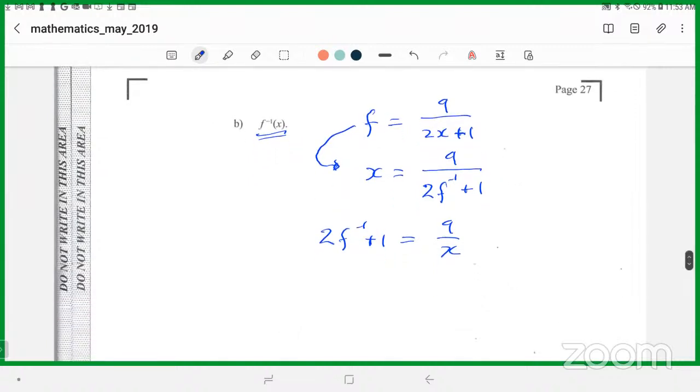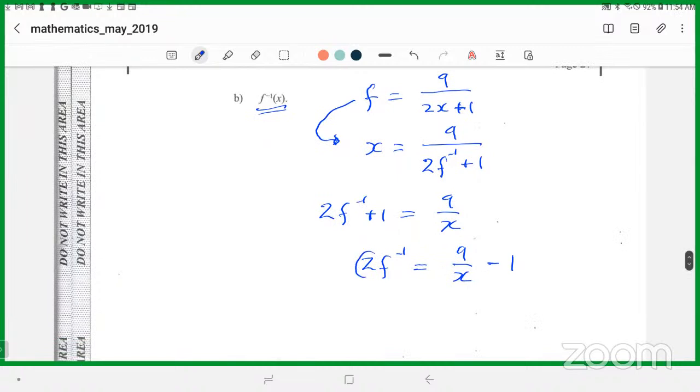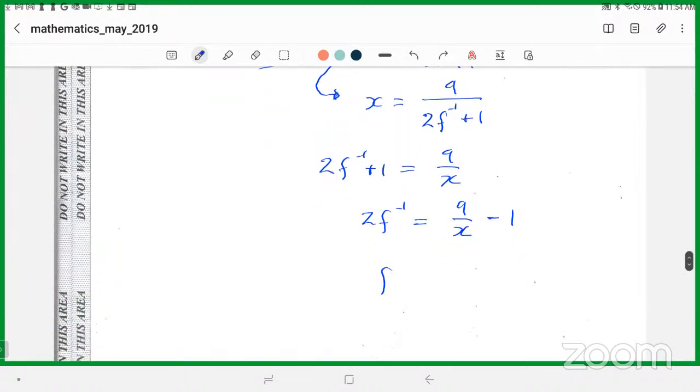Good. I'm going to transpose the 1. And after transposing the 1, we're going to divide through by 2. So let's go step by step. We're going to get 2f to the minus 1 equals 9 over x minus 1. And then if you divide by 2, you can write f to the minus 1 equals 9 over x minus 1, all over 2. Or you can divide each value by 2.